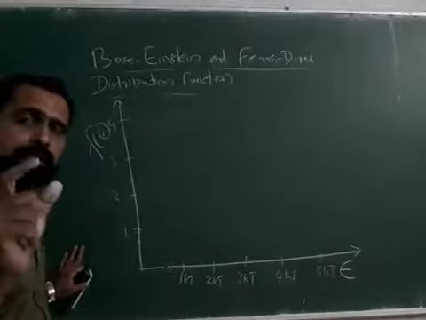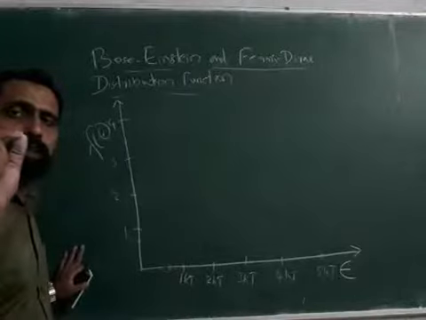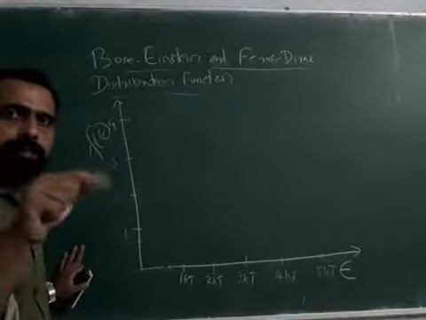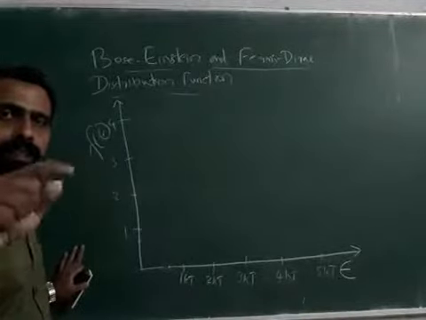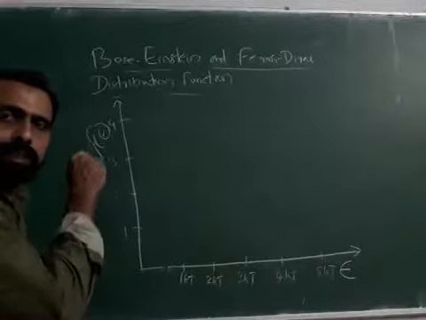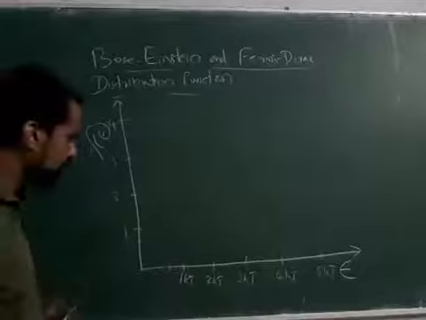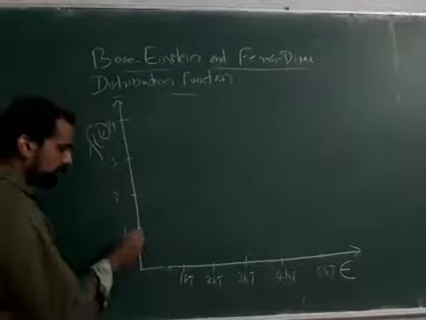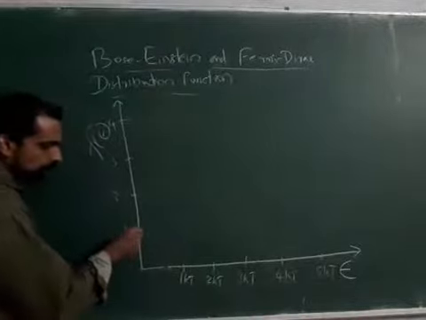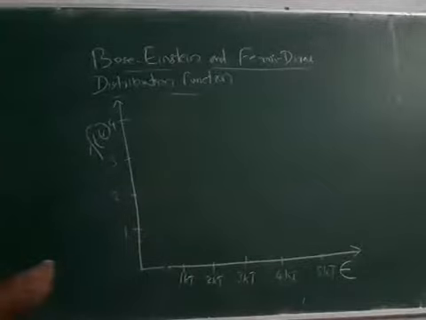And another important thing, when epsilon is very, very much greater than kT, all the distribution functions converge to the Maxwell-Boltzmann distribution function. So you can draw something like this.